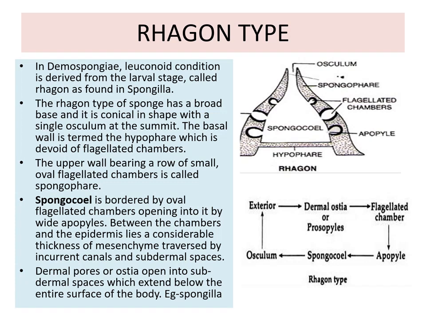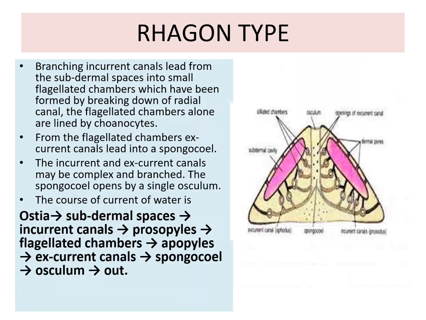The water movement is from the dermal ostia into the flagellated chambers. Through the apopyle, it moves to the spongocoel, and through the osculum, it goes out. So this is the Rhagon type. It is triangular with a broad base and one osculum.